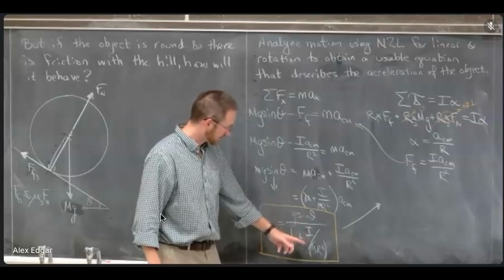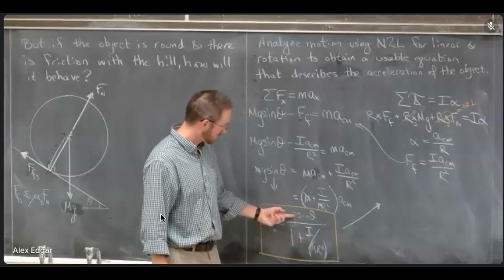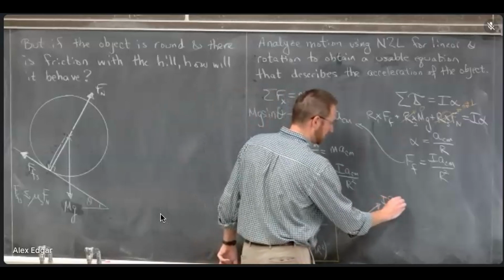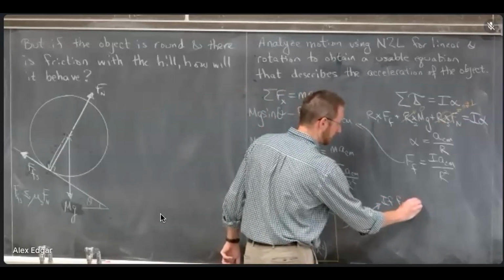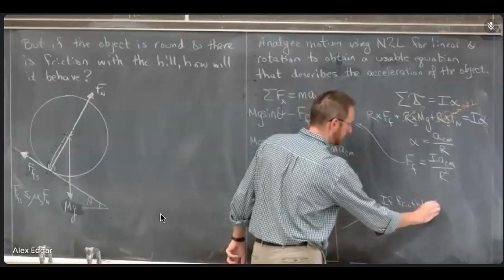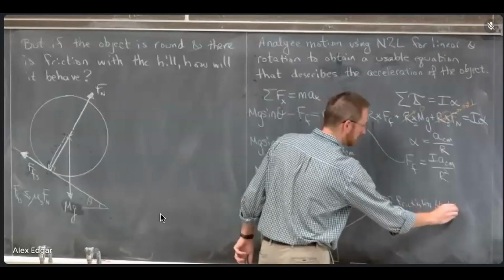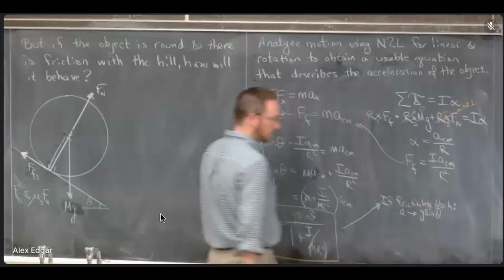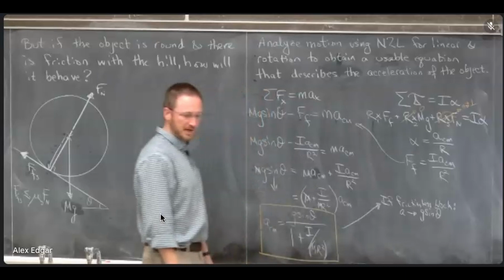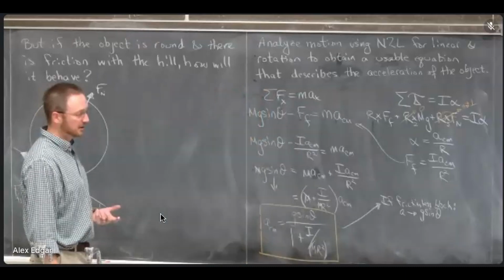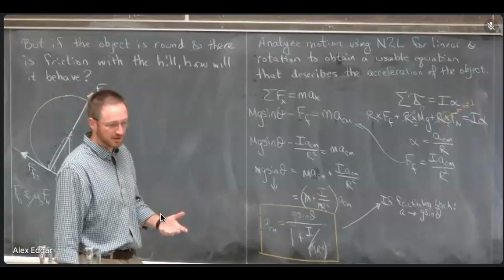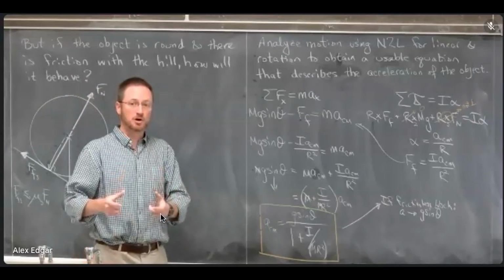Well, 1 plus 0 is still 1, and then g sine theta over 1 is just g sine theta. So if it's a frictionless block, we get back what we have looked at before, and we can expect the acceleration down the incline to be simply g sine theta. We've already done that. We even did that experiment with the carts on the hills.